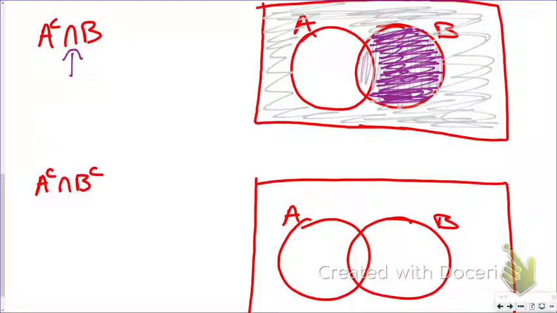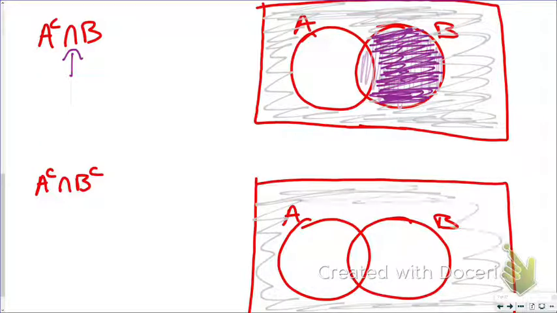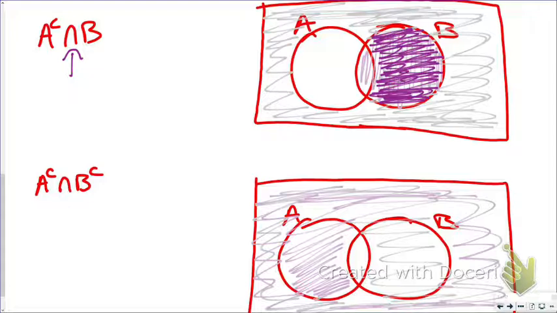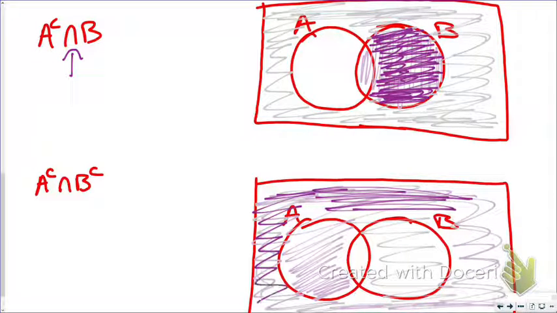So on the last one, shade all of not A. Shade all of not B. And the answer is where I double shaded, which is outside of the circles.